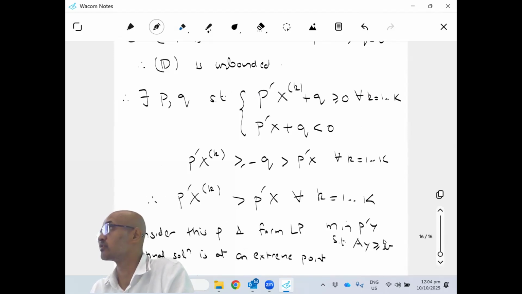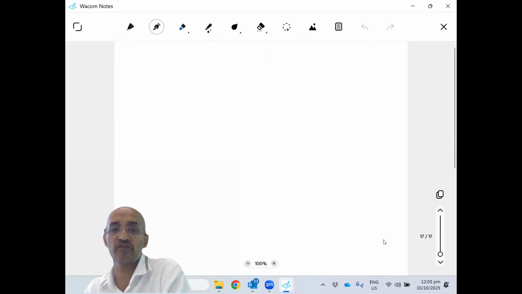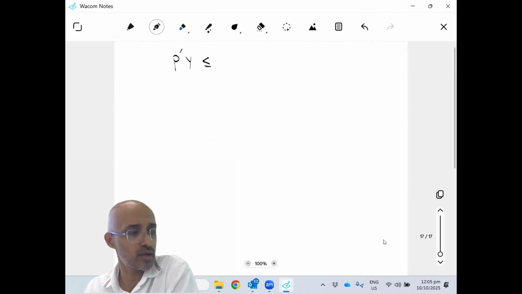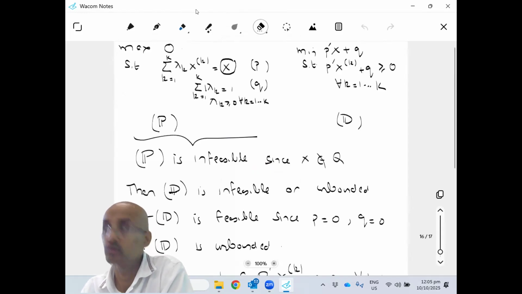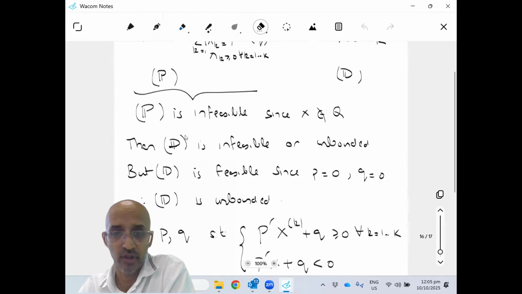And x lies in this. So what do we know from this? Essentially, we know that p transpose y has to be less than or equal to... sorry, let me... Short on time.